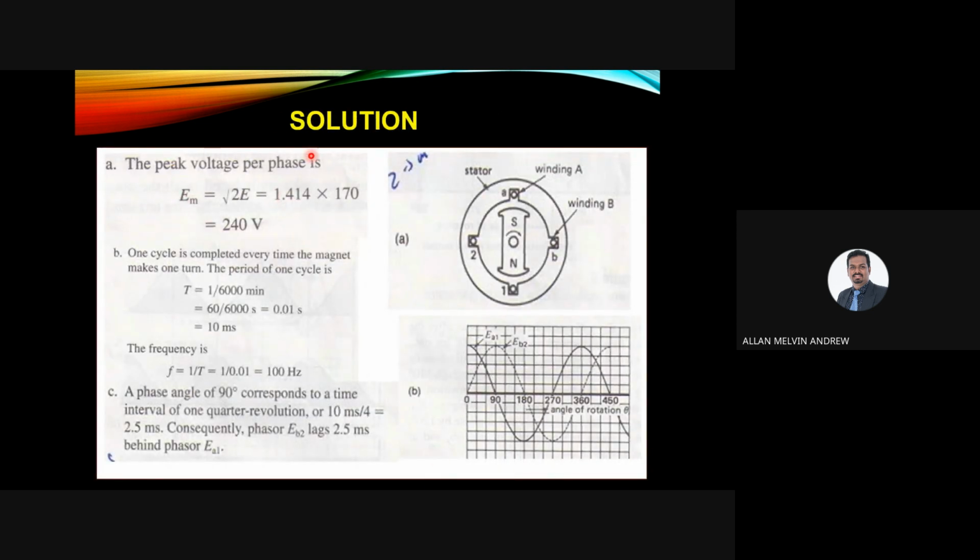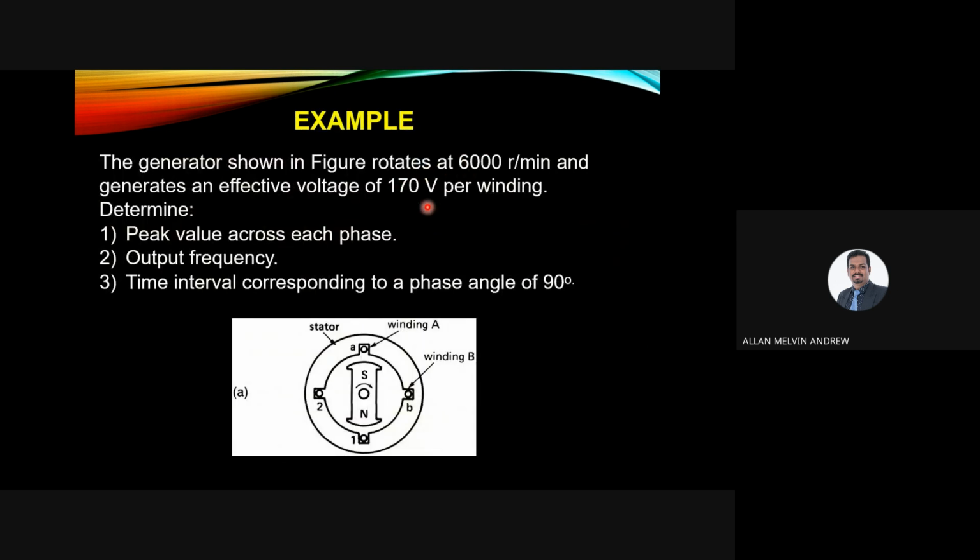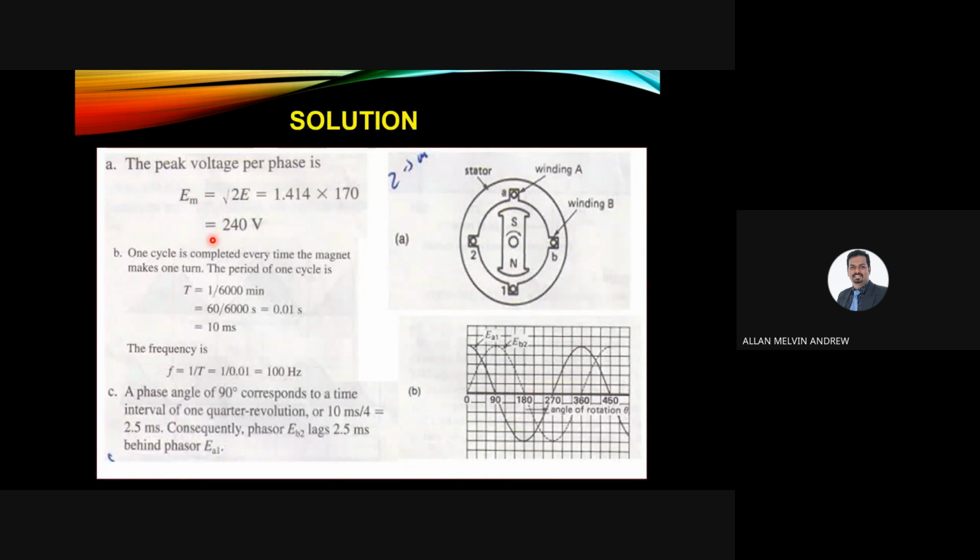How to calculate the peak voltage? To calculate the peak voltage per phase, EM equals square root of 2 times E. This is from the previous chapters. So square root of 2 is 1.414 times E, which is 170, so it equals 240 volts.